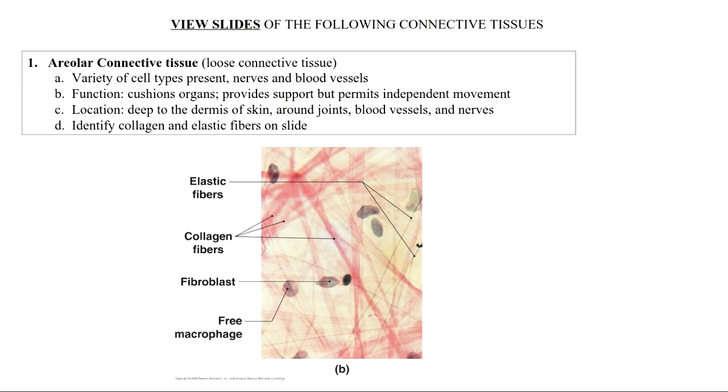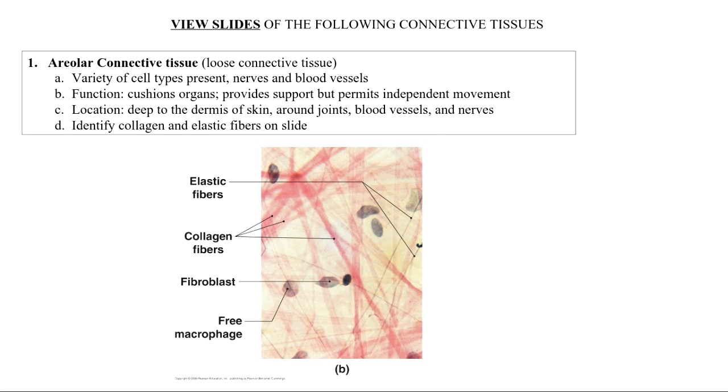Here's what it looks like though in this picture, and you can see collagen fibers, you can see elastic fibers, you can see different types of cells, you can kind of see in sort of off-white or yellowish in the background matrix. So a lot of things that you can see for this areolar connective tissue.